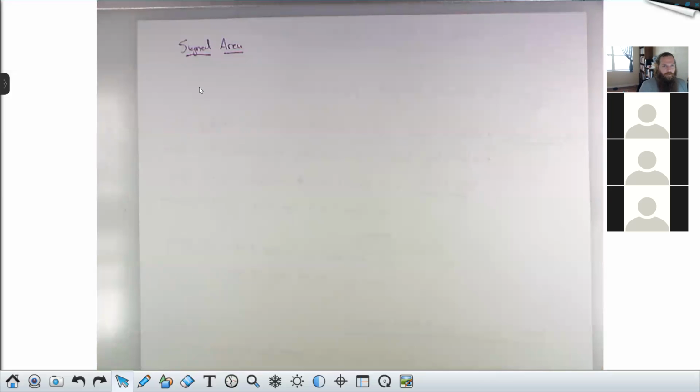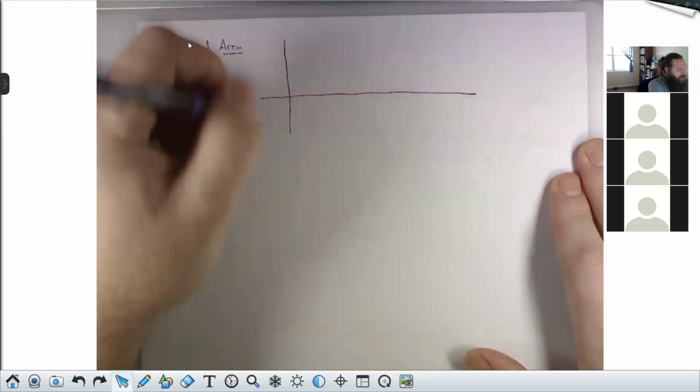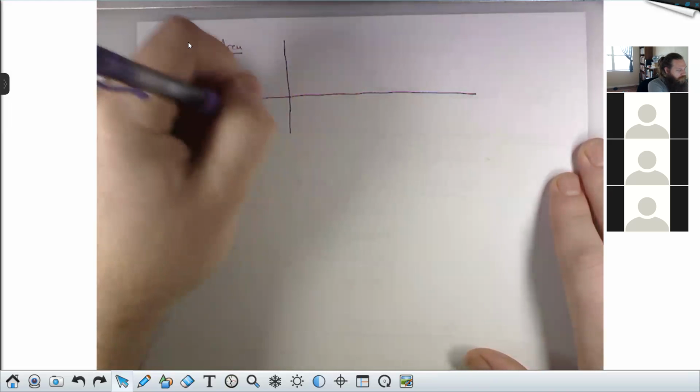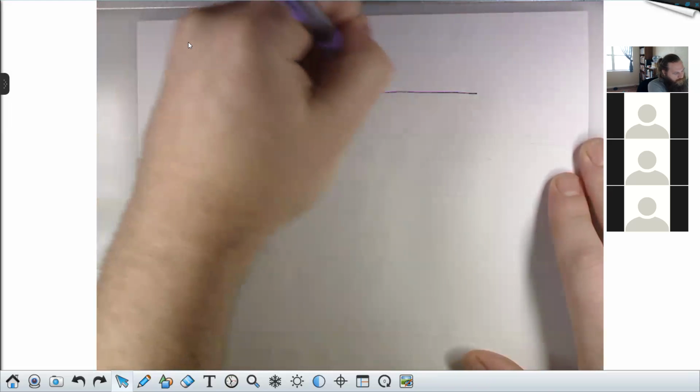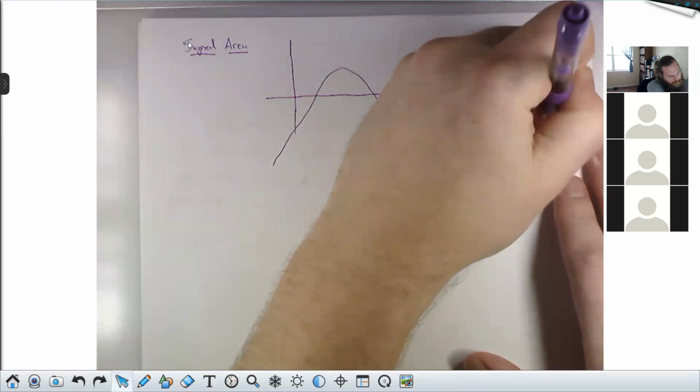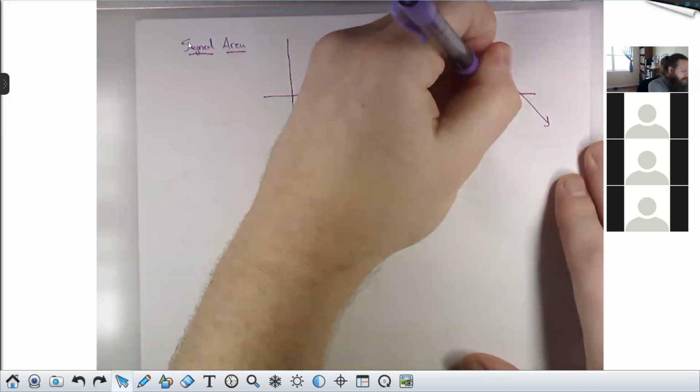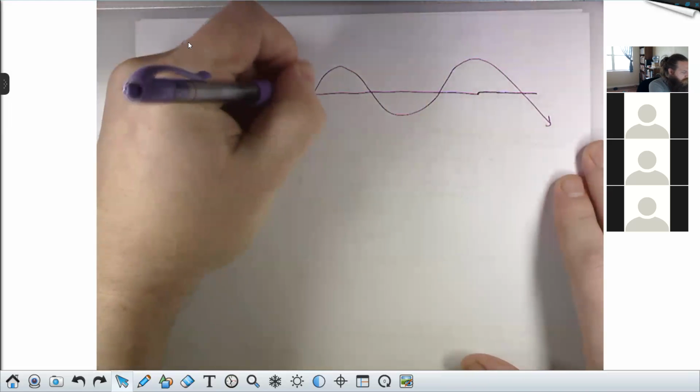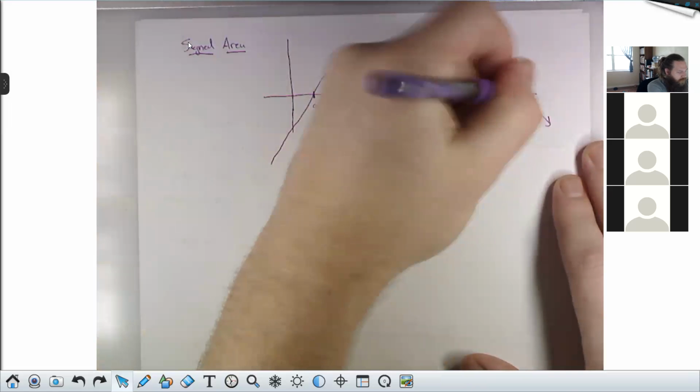So what do we mean by signed area? I mean, area that's measured with a sign is either positive or negative, depending on whether that area is associated with a part of the graph where the function is positive or negative. So let me sketch here for you. Over here, I'll call this a, and over here, I'll call this little b.